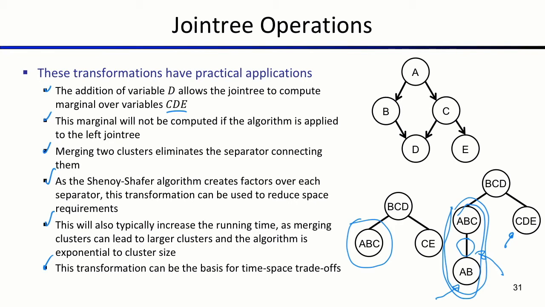If we need to answer queries over a larger set of variables, we can include those variables into some of the clusters and be able to answer the queries, at the cost of needing more space in order to store the cluster in memory.